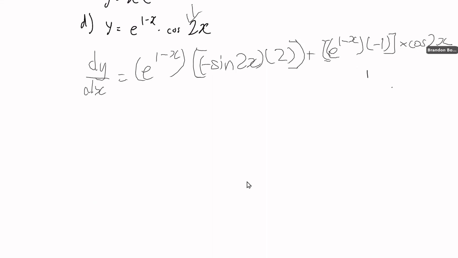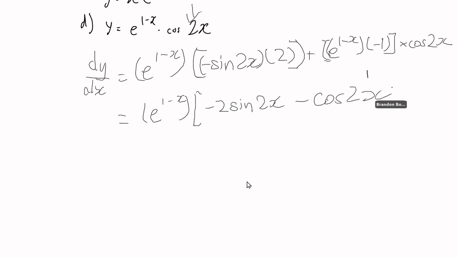Very good. You can factor out the e power, you can also factor out the minus sign.